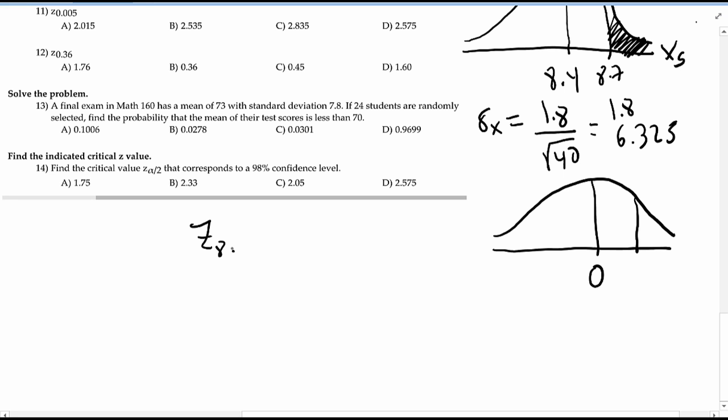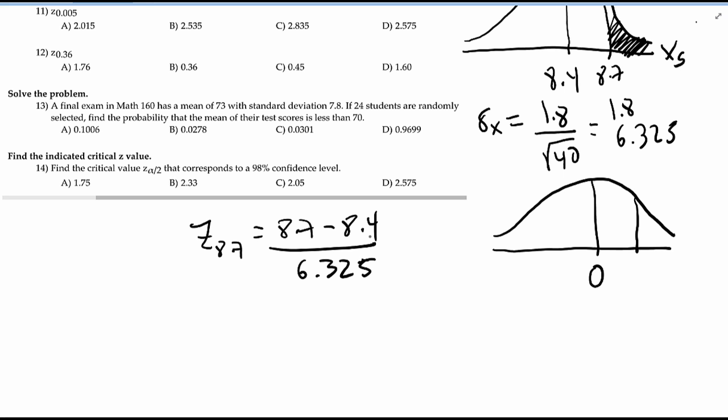That will be 8.7 minus 8.4 divided by 6.325, which is a small number, 0.047, but the table only does 2 decimals, so we have to use 0.05.